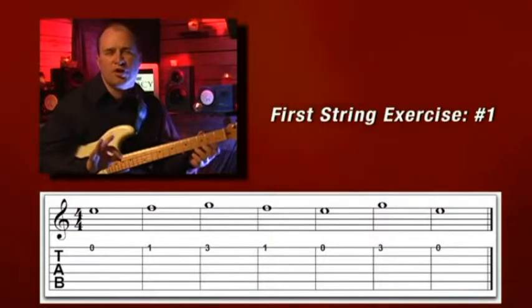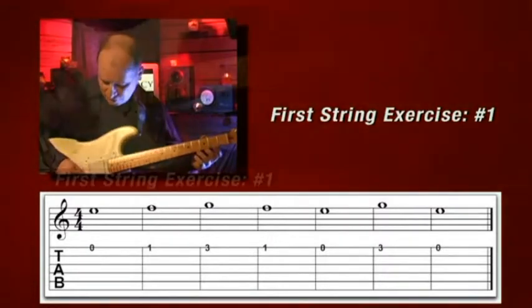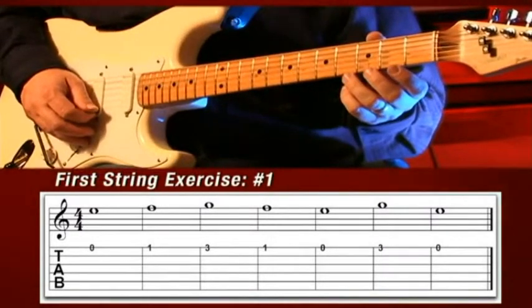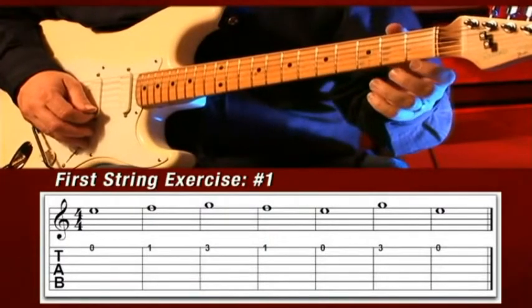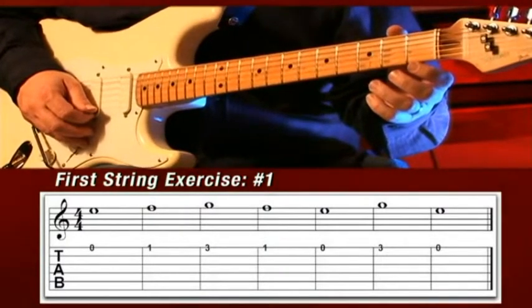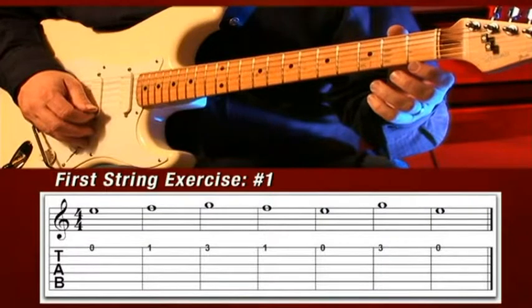I'll play the first couple of bars for you so you can kind of see how this goes. We're picking with our right hand over here. We've got an E, which is open, on the first string as the first note. So it would be like this.